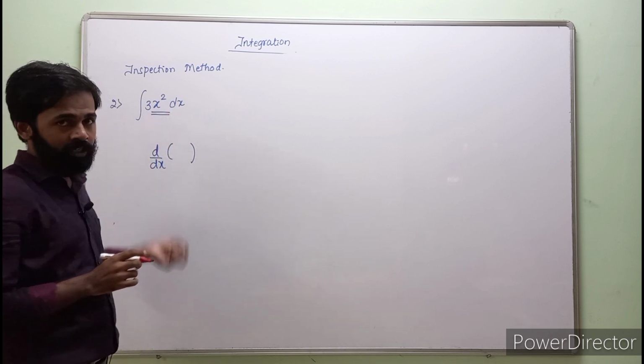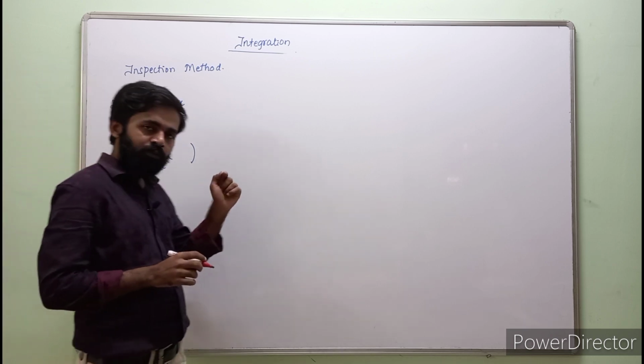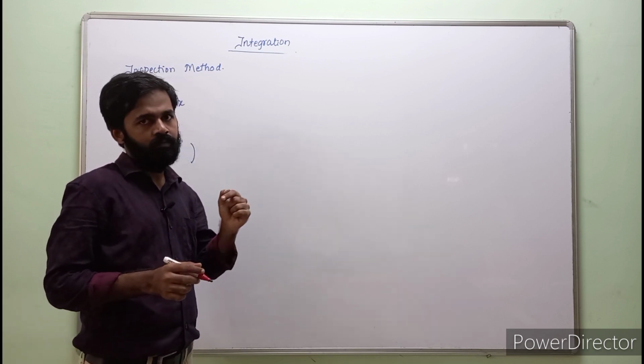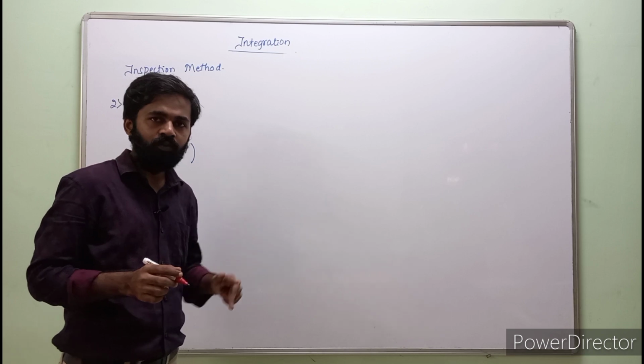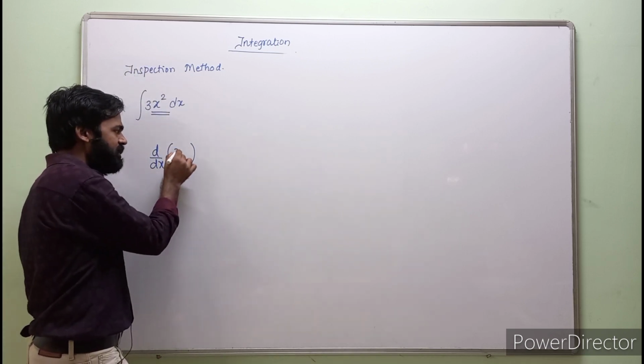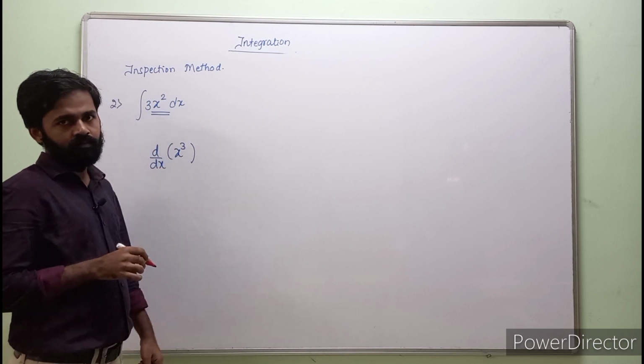If you differentiate the x cube term, you get x square. If you differentiate x raised to 4, you get x cube. Right? So I should differentiate the x cube term here.